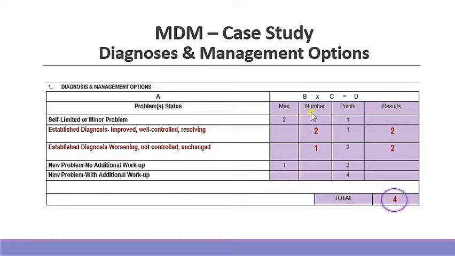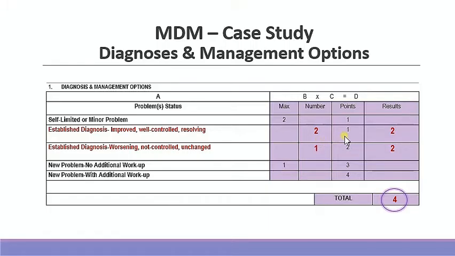So we had 2 established well-controlled problems, and we had one established, unchanged problem. And we've entered those numbers into this numbers column. The number that is in the numbers column is multiplied times the points in the points column next to it. So we had 2 problems worth 1 point, and that gives us a total of 2.